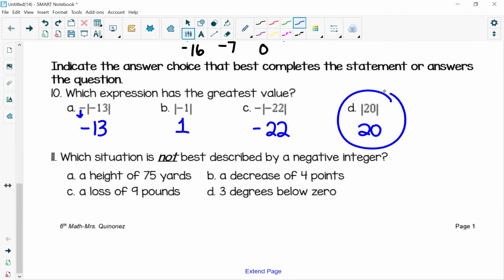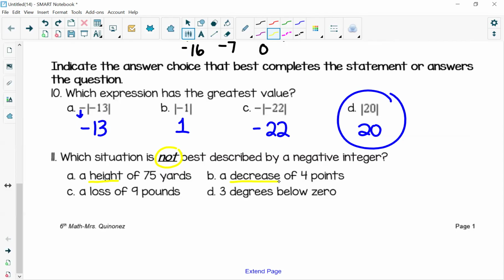Now it says, which situation is not best described by a negative integer? Okay, so first off, it says the height of 75 yards. Okay, possibly height. A decrease of 4 points. So that's going down.